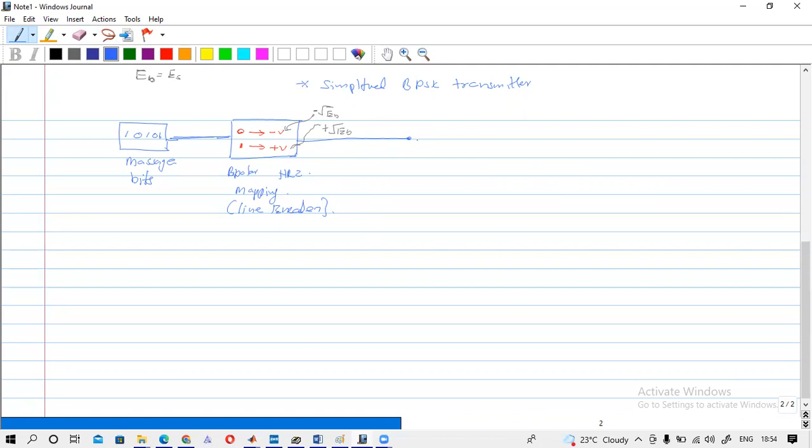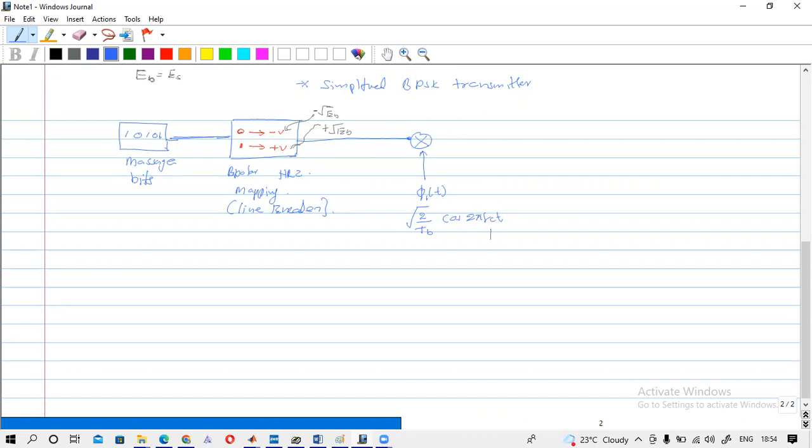Here we are doing the modulation. In BPSK we are using a product modulator, so we have a basis function. In BPSK, you know that only one basis function is used. It is equal to root of 2 over Tb times cos(2π fc t), as I can remember.